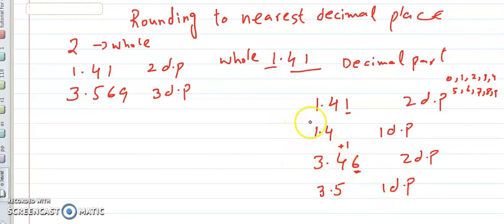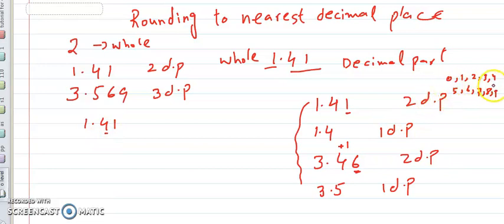In the same way, if we have to round to the nearest whole number, let me take the same example. I will round them to the nearest whole number. If I have 1.41 and I want to round to the nearest whole number, then we need to look at the first decimal place. The rule will be same.